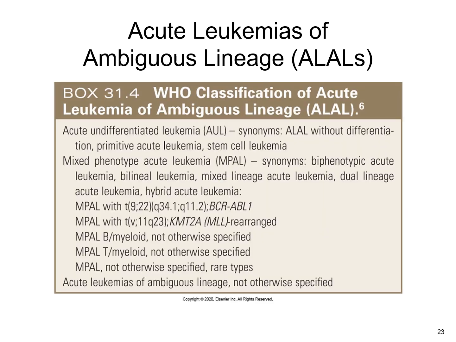The WHO classifications will include the acute undifferentiated leukemia, which is basically going to be used in the same context as AL. So there's no differentiation. It's a primitive acute leukemia, stem cell leukemia.